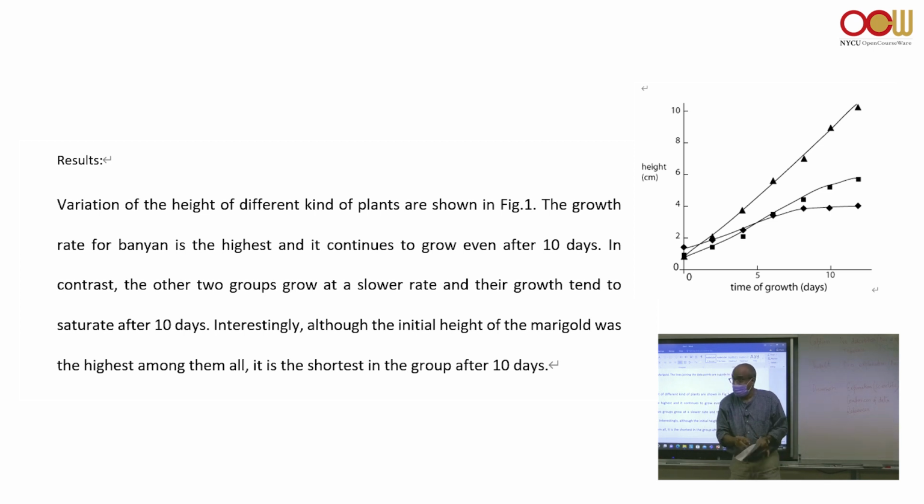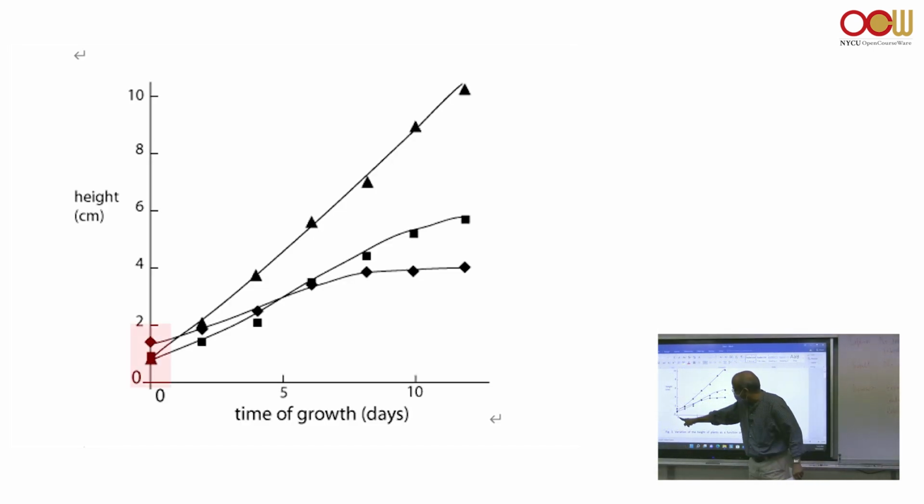And now is a test of your eye. What you can see from the data. See, this data I did not read. I just picked up this data from somewhere. And then I think I need to make it interesting. How to make it interesting? Then when I was writing, I saw, if you look at the data, you will see another interesting thing. When they start at day 0, the height of the diamond, that means the marigold, was actually the highest, but it ended up being the shortest.